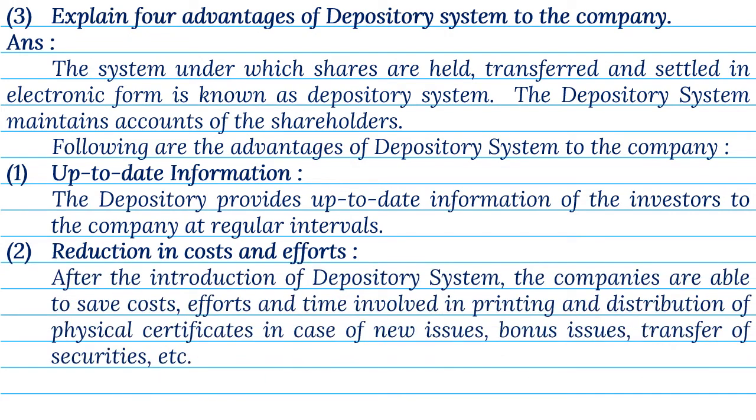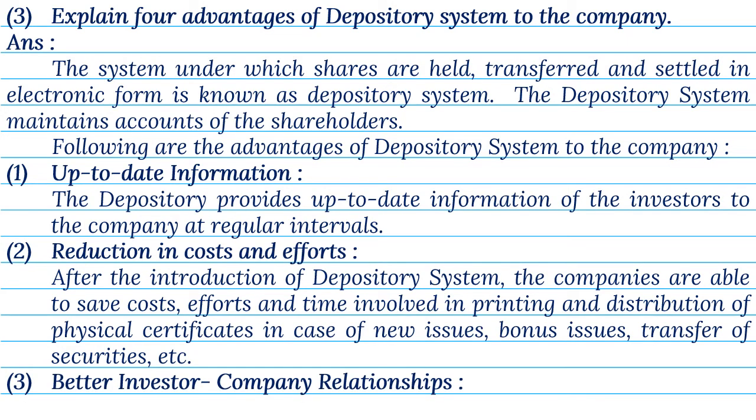After the introduction of depository system, the companies are able to save costs, efforts, and time involved in printing and distribution of physical certificates, in case of new issues, bonus issues, transfer of securities, etc. 3. Better investor-company relationships.